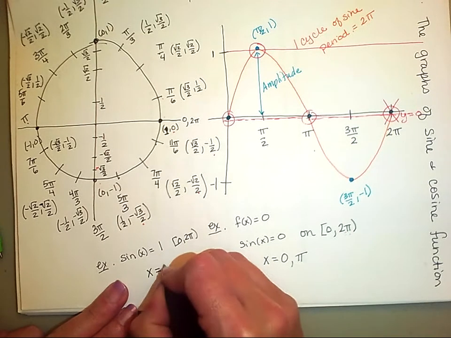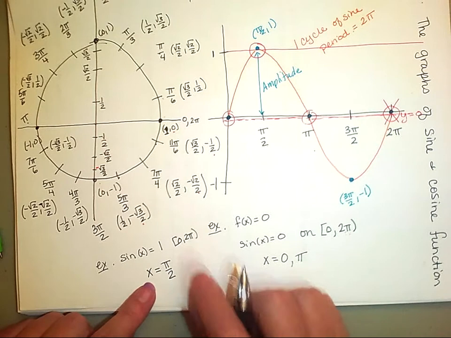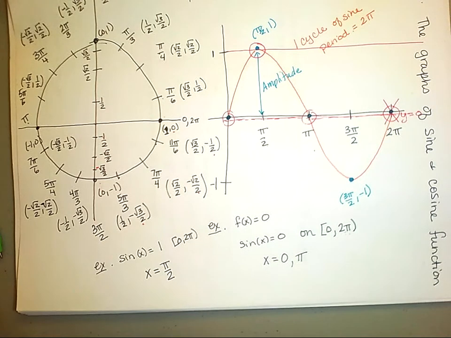So we only have one answer on 0 to 2 pi. There's, of course, an infinite amount, but on this restricted interval, it's just x is equal to pi over 2. Okay, so that is the sine of x.